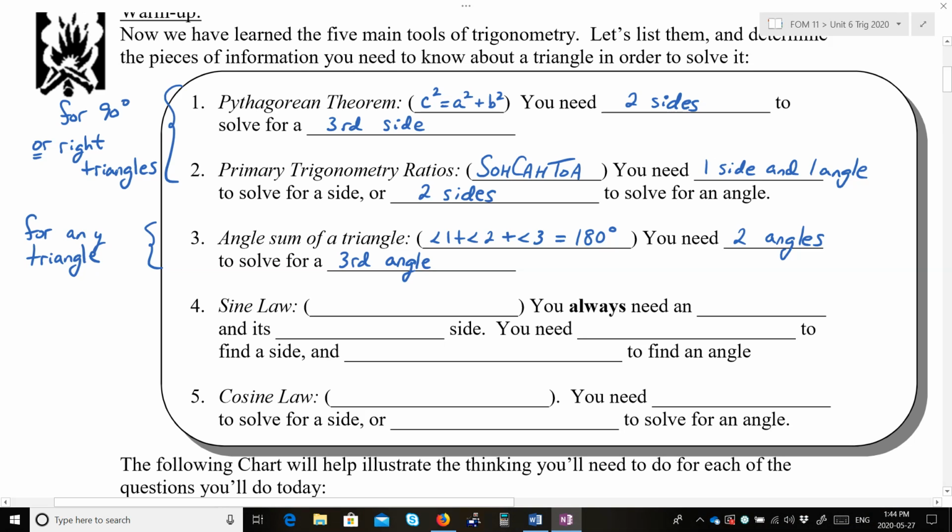And then the fourth tool of trigonometry is the sine law, and that says that sine A divided by A is equal to sine B divided by B is equal to sine C divided by C. And so for this, you always need an angle and its opposite side. It's called an angle-side relationship.